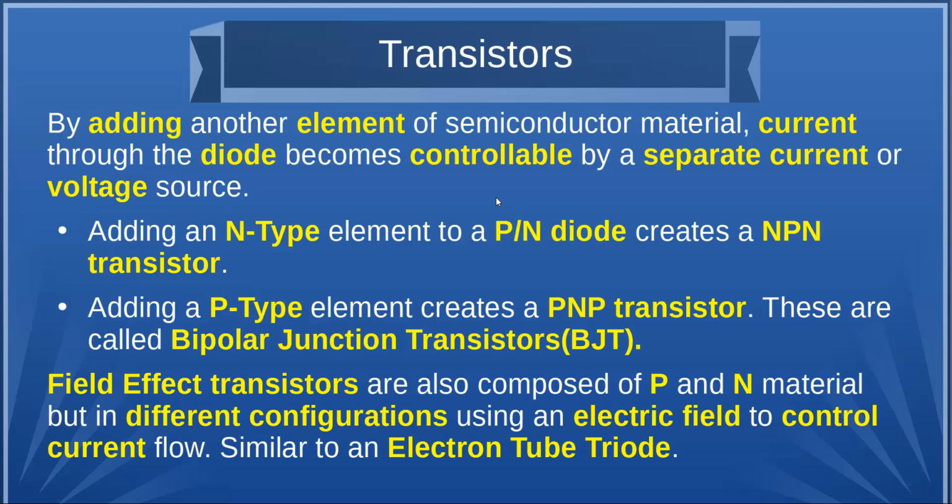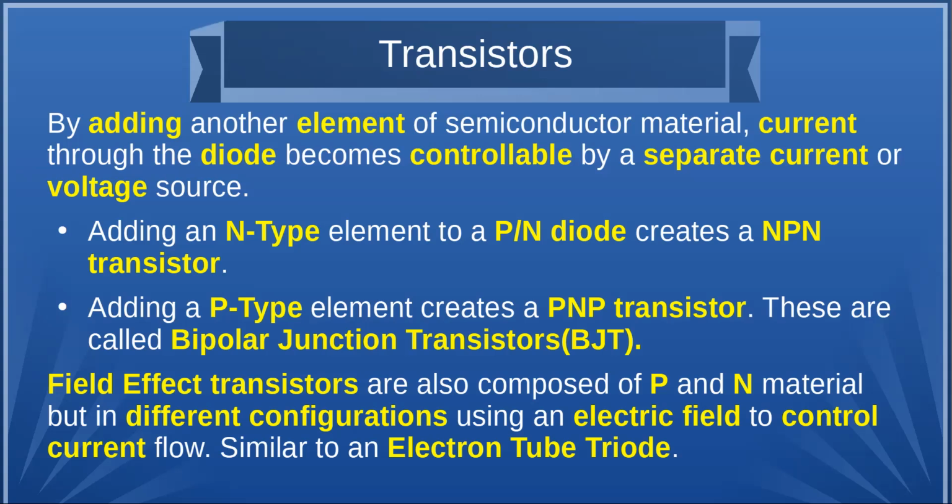So after they discovered the semiconductor diode with a P and an N type material, somebody discovered that if you added a third piece, you could create basically a diode where you could control the current flow. So there were two ways to do it.